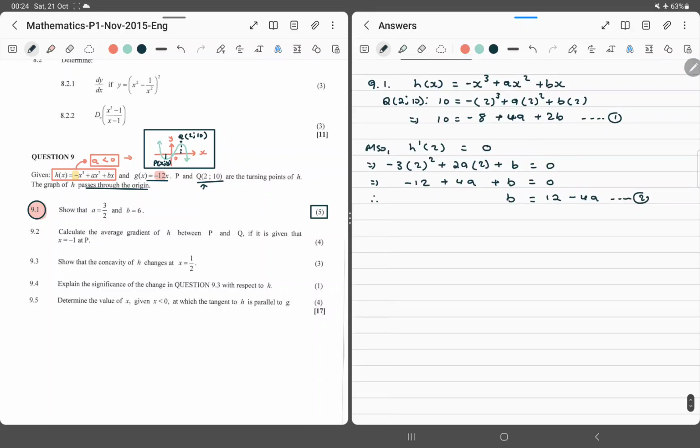Now, what do we see here? Without a shadow of a doubt, we can put equation 2 into equation 1, because equation 2 is much simpler. We have 10 equals minus 8 plus 4a plus 2b. I should have sorted them nicely, so this is basically 18 equals 4a plus 2b.